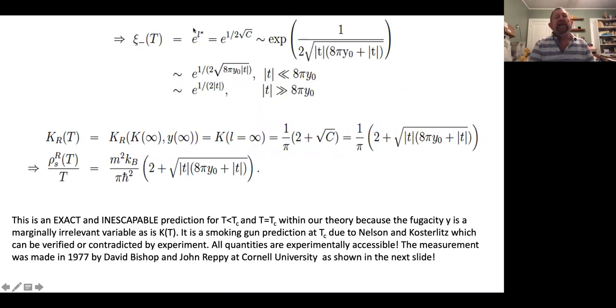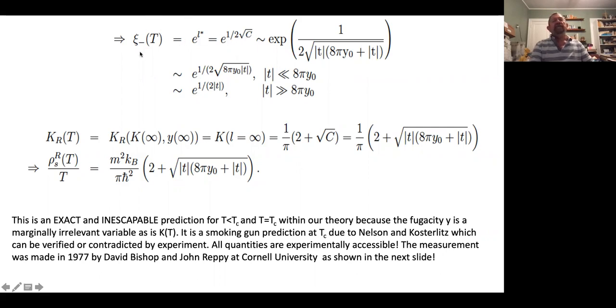Call that special value L star, and I call the length scale, the real physical length scale, measured, of course, in units of the vortex core size. So this is a dimensionless length in units of the vortex core size. That's just e to the L star, where L star is 1/2 twice the square root of c.